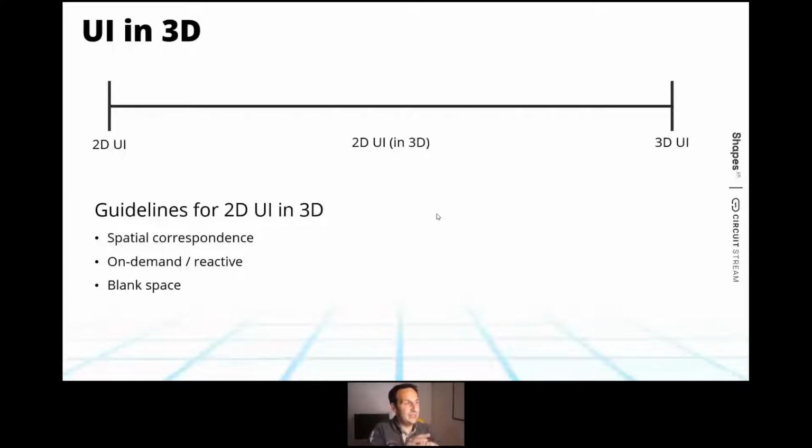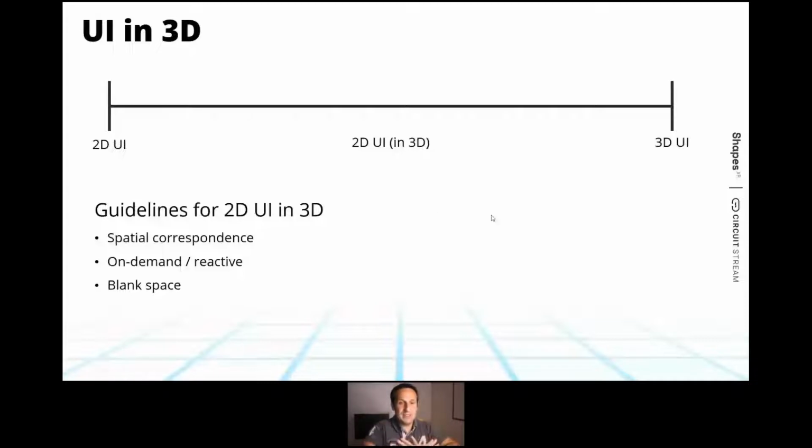One thing you can use is what is called spatial correspondence: to have certain elements of the UI close to the objects that are particularly relevant. It might seem obvious, but you will see another example in which that could be applied. Another thing is to have this UI in space be on demand or reactive, so that you don't show all the information at the same time, but have it popping in during the experience.